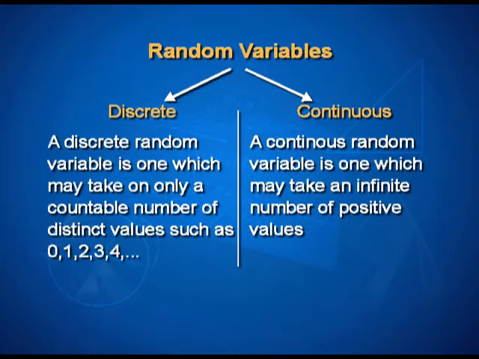There is a difference in the two examples, which is what decides the classification of random variable as a discrete random variable, where the values that random variable takes are countable, so 0, 1, 2, 3, 4 etc., whereas continuous random variable is the one which takes an infinite number of possible values.